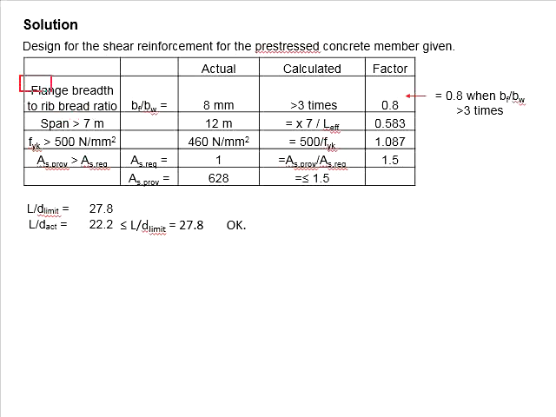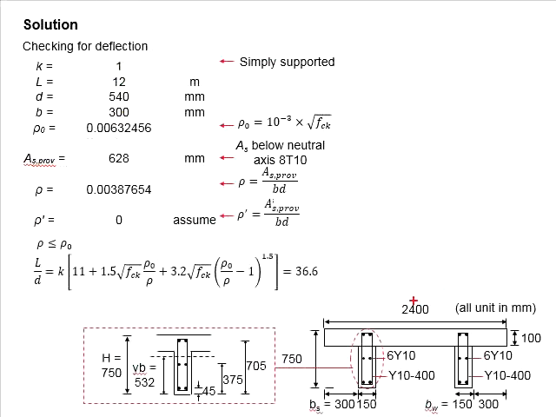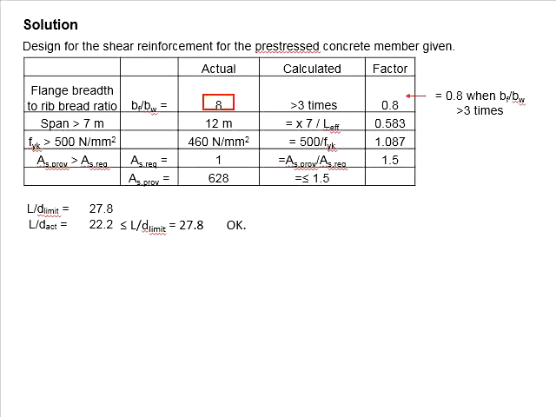First, you consider the ratio between the width of the flange and the width of the web. The flange width is 2.4 meters and the effective width of the web is 300 mm in total. It is about 8 times the web, which is more than 3 times. The correction factor will be equal to 0.8.